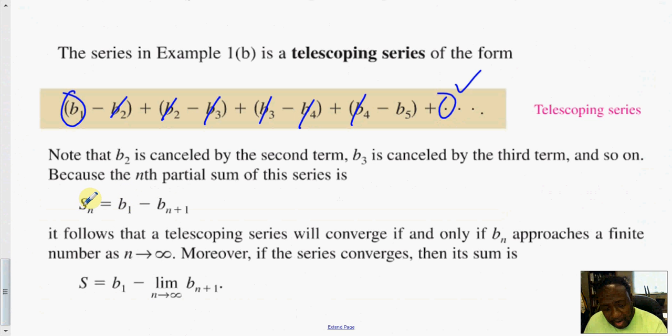The limit of s sub n is said to be s. So that is equal to the first term minus the limit of those remaining terms as you continue by letting n go to infinity. Well, how does that work? Let's see.